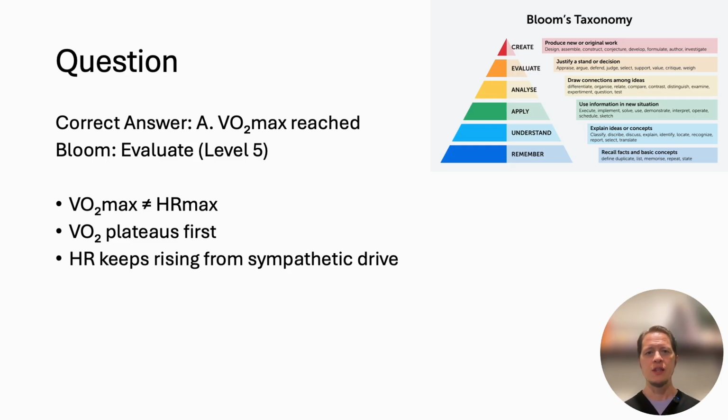So the situation here: VO2 max indicates max oxygen consumption. Heart rate, however, continues to rise due to a lot of other issues, neural and hormonal stimulation. You've got a whole bunch of adrenaline going through your system, so your heart rate keeps going up, but you have reached your VO2 max. Essentially your metabolic limit has been hit, but your heart rate keeps going up.